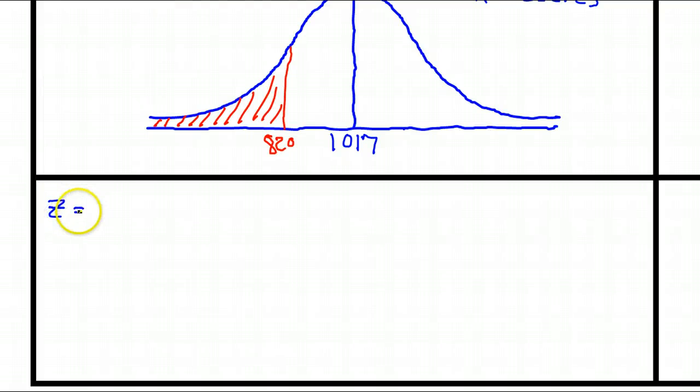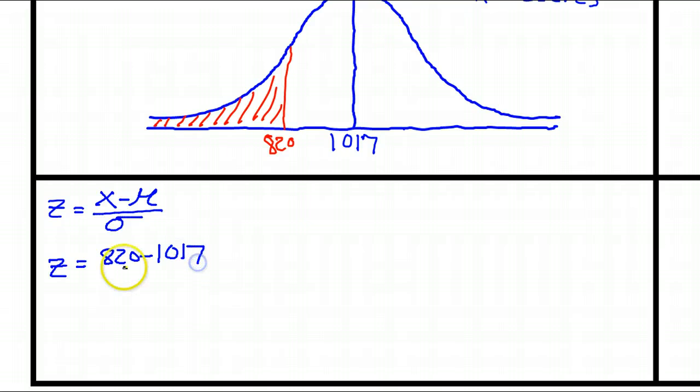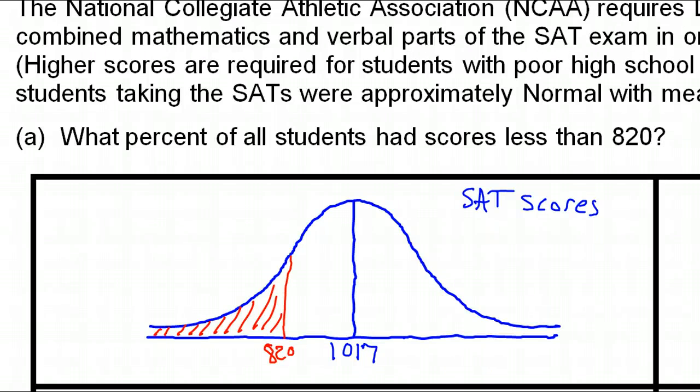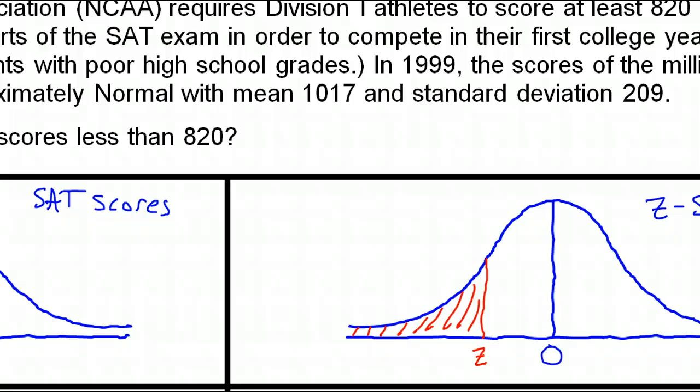Z is going to equal the value minus the mean divided by the standard deviation. So in this case, that's 820 minus 1017 divided by, let's see, the standard deviation was, what did they say, 209.